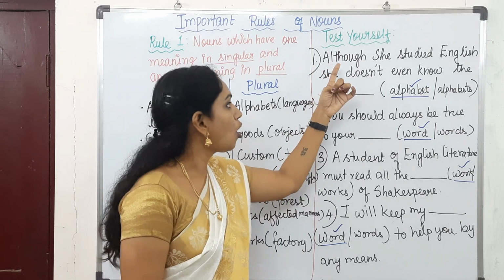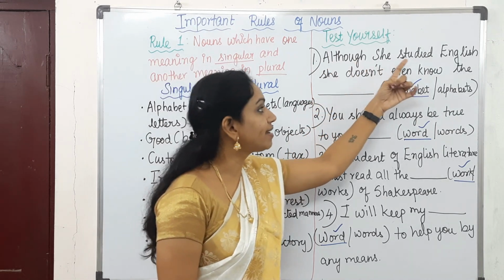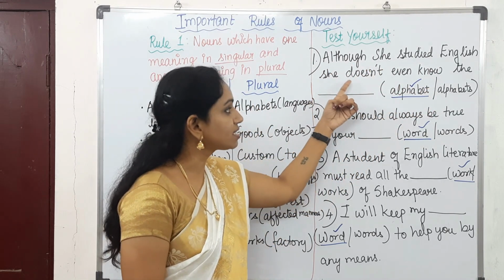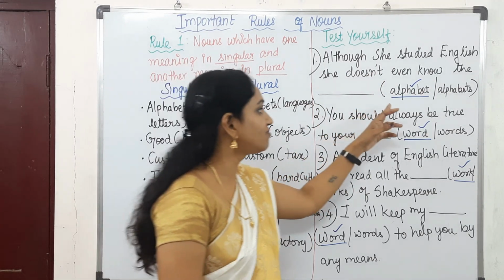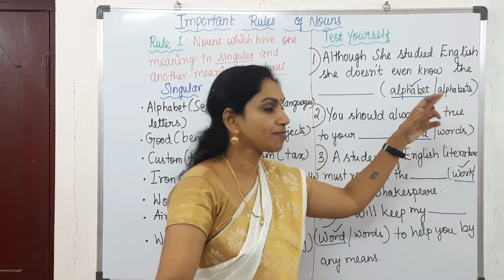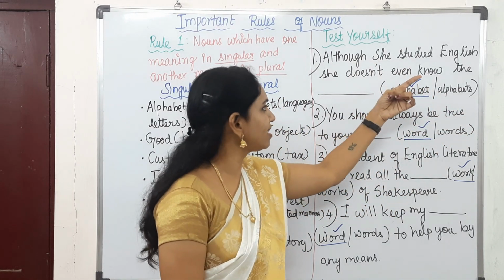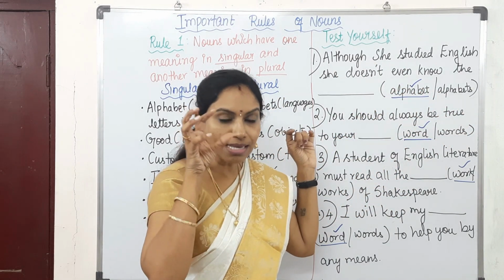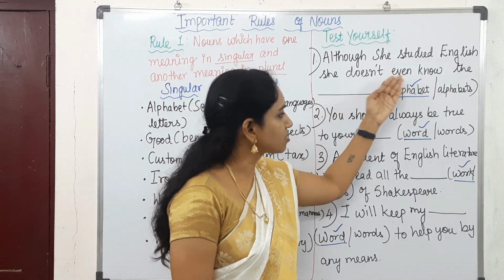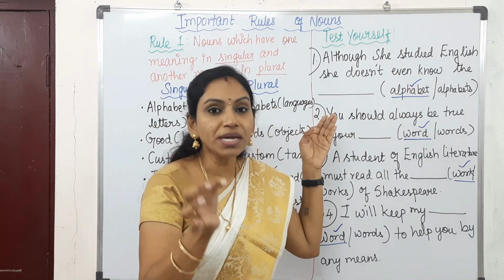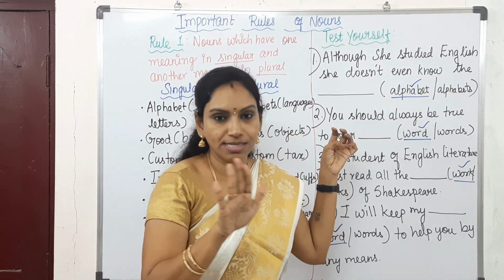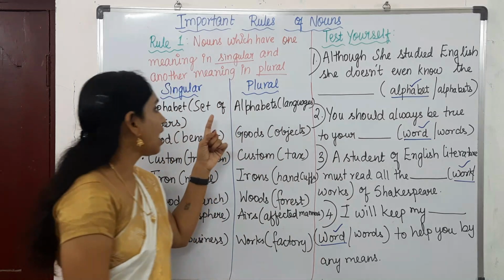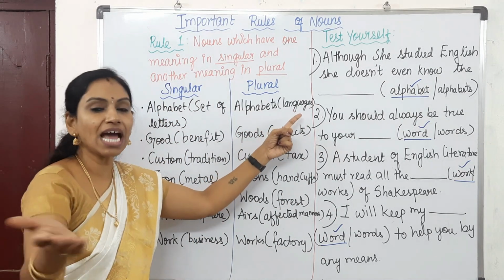Number 1, although she studied English, she does not even know dash. Here you will get alphabet or alphabets. Although she studied English, a subject, she does not even know. Though English is there, you should not use alphabets, because alphabets are used for many languages.